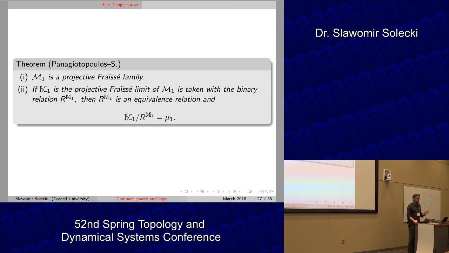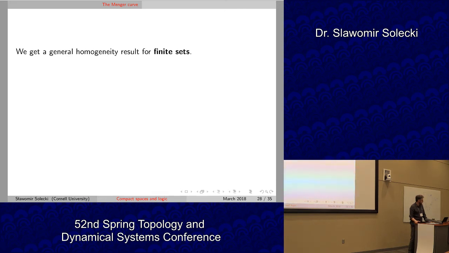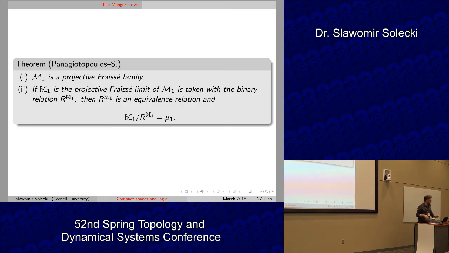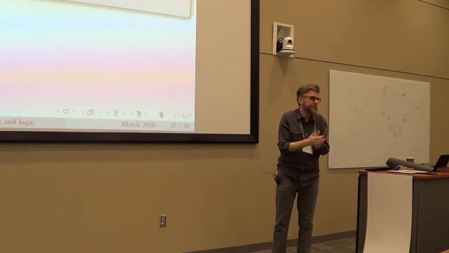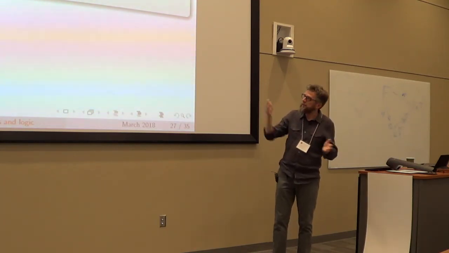Okay, so this is the situation. For us, these pre-spaces that we get are interesting in their own right. This pre-Menger curve is an interesting object from the point of view of descriptive set theory. Same for this pre-pseudo-arc.